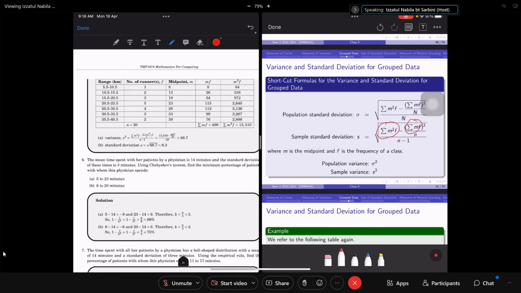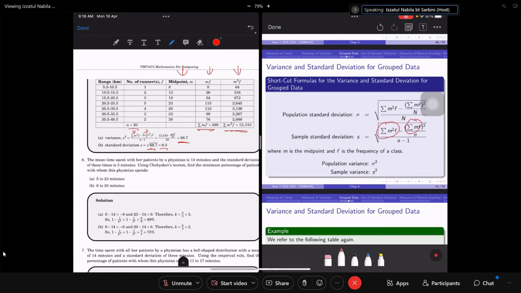So you calculate your midpoint, MF and M square F, and you add all of them up, so you get all the values. As for the variance, you just need to substitute all the values inside the formula. Same as just now. So you get 68.7. And the standard deviation is the square root of the variance, so you get 8.3.